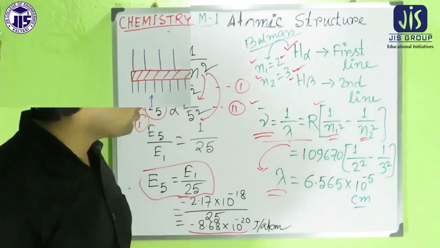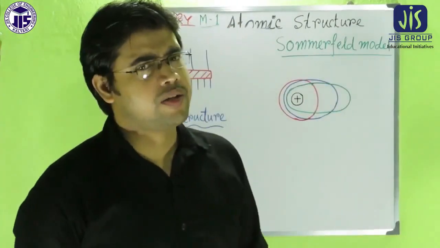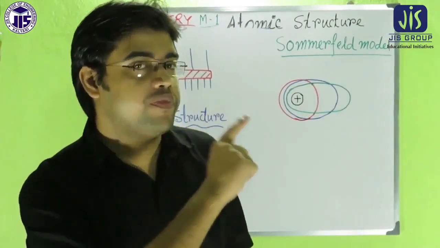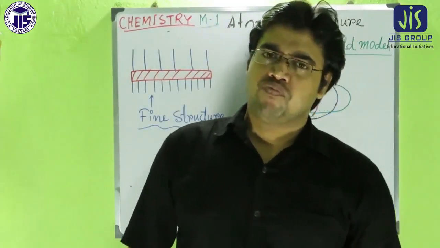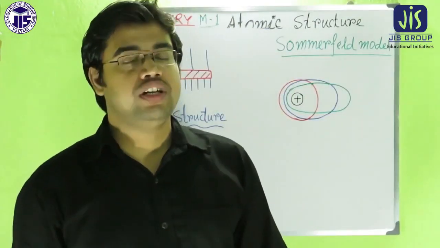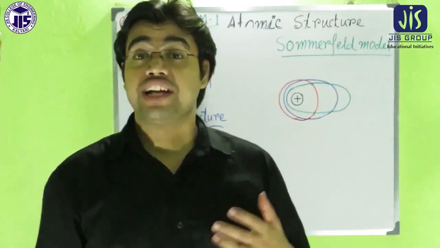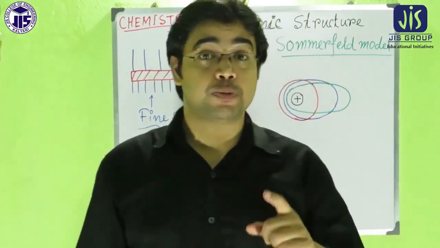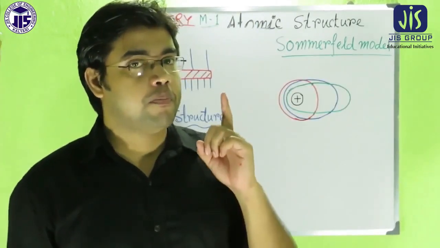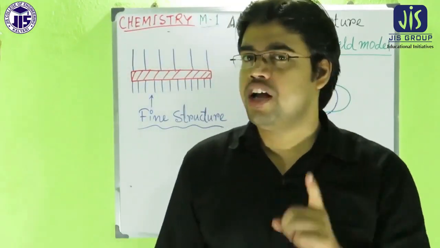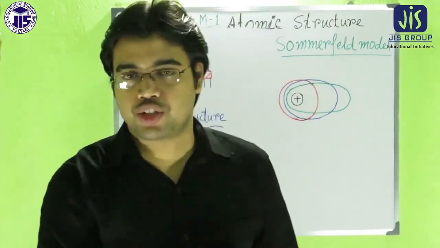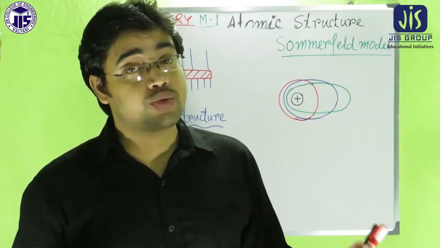Okay, so we already discussed in the previous class that there are some drawbacks of Bohr's model. The drawbacks were that it was unable to explain, mainly from the experimental point of view, the fine structure. What was the fine structure?